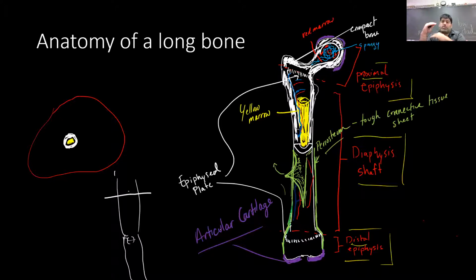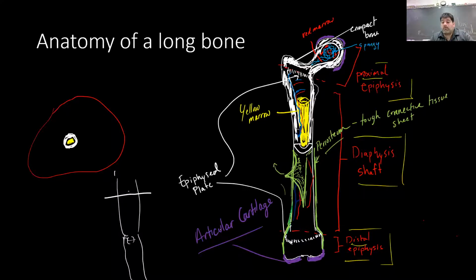The parts are named based on the characteristics of those parts. For example, the proximal epiphysis is going to be the end of the bone that is nearer to the body. It's from the epiphyseal plate, which is this structure right here, upwards, nearer to the body.